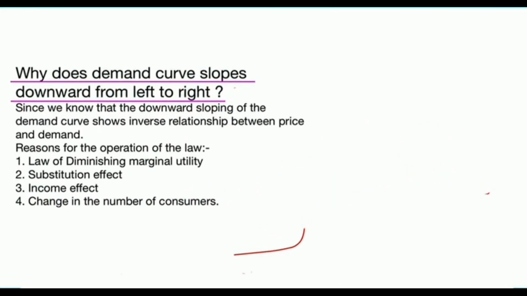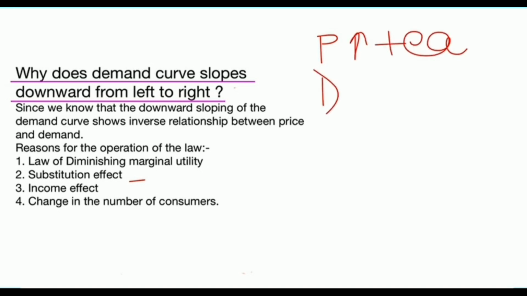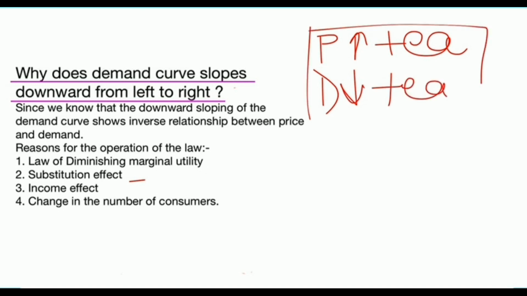So the next one is the substitution effect. What is the substitution effect? The substitution effect means that when the price of a commodity falls, it becomes cheaper in comparison to the other commodity. For example, if the price of tea rises, the demand for tea decreases. This is what the law of demand says.